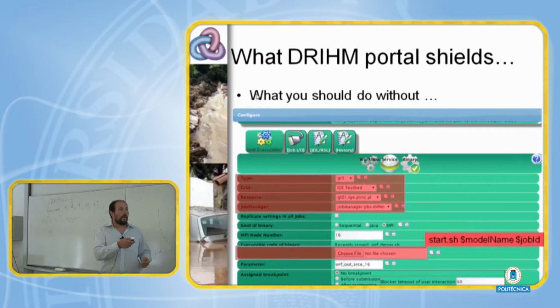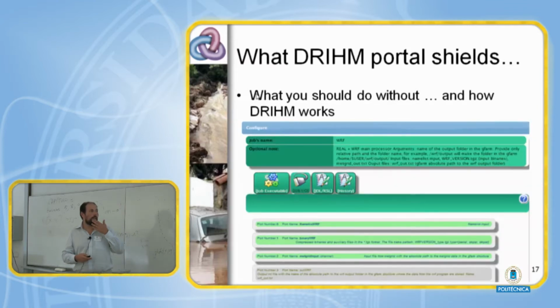Again, some tricky details may also be different from one computational resource to another. This was the reason that drove us to design an additional layer on top of that.